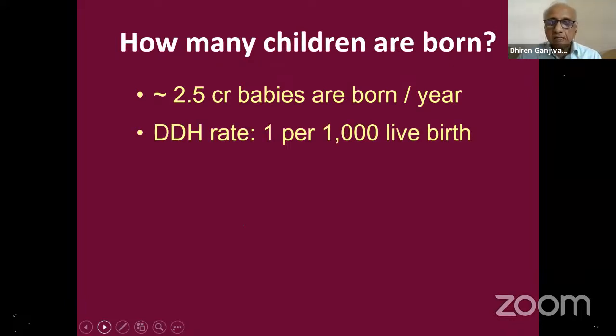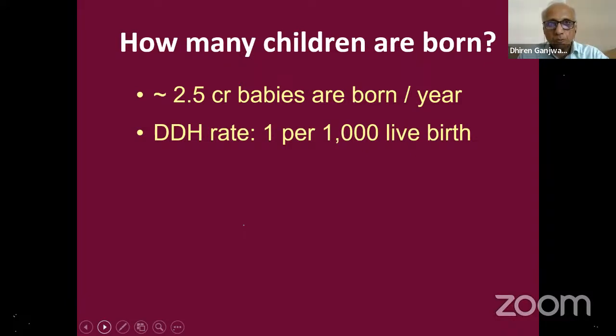A lot of incidence articles say that the DDH rate is 1 per 1,000 live births. Even Indian data confirms that this is the rate. If you look at USG guided diagnosis, it may be more. But if we just look at simple investigations like X-ray, the DDH rate is 1 per 1,000.